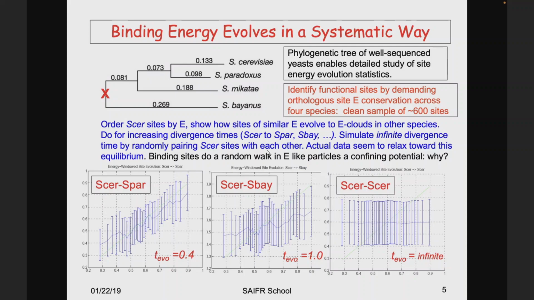I segregate these by their predicted binding energy, and then I find that the corresponding orthologous binding sites in the other species, in paradoxus, are distributed in energy. And so you get this plot in which the error bars, if you will, are telling you about the variation in the related species of this group of binding sites that are very close to each other in energy in Serrapilheira.